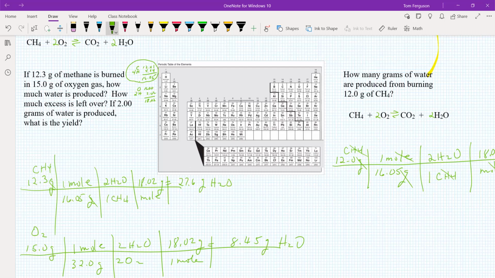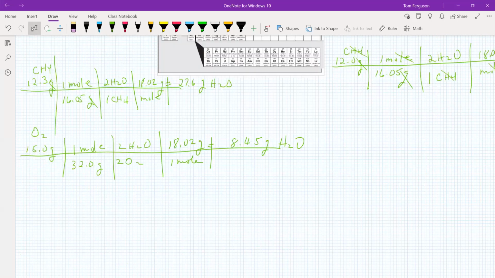Now, the second part of that is how much excess is left over. So we have excess methane we have to deal with. How much excess do we have? Well, the first thing we need to do is figure out how much we used. Well, we're going to start with oxygen again. And this time our product is going to be how much methane was used up.